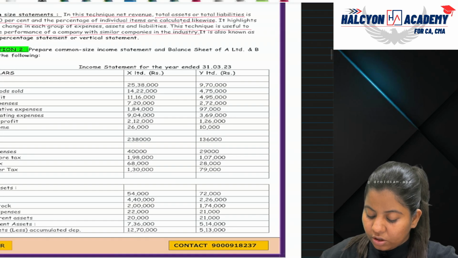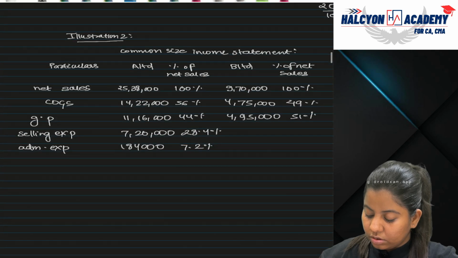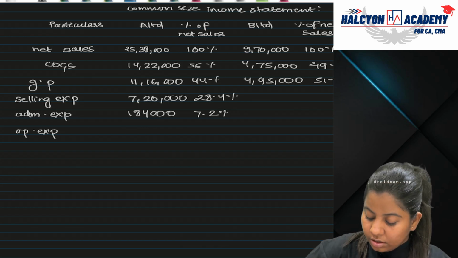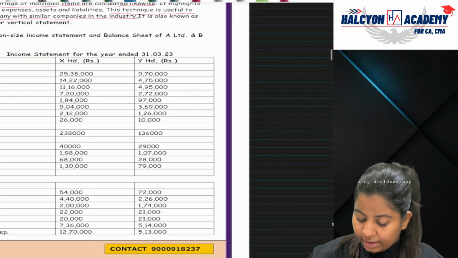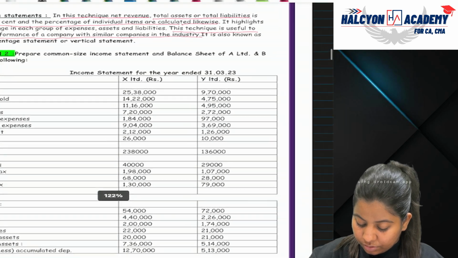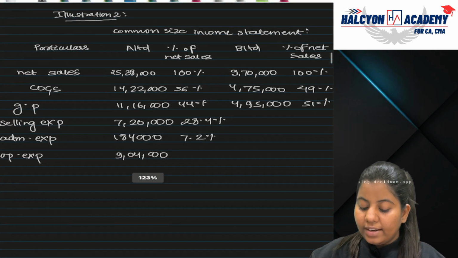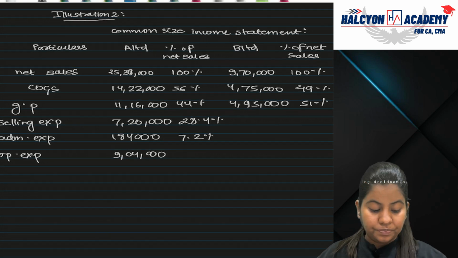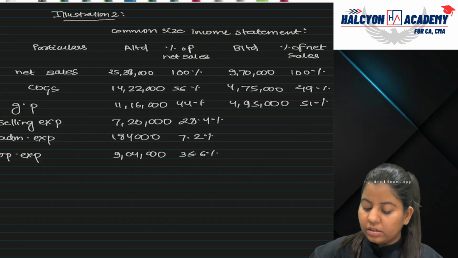Then total operating expenses. Operating expenses is 9,04,000. So 9,04,000 divided by 25,38,000 will be 35.6%.